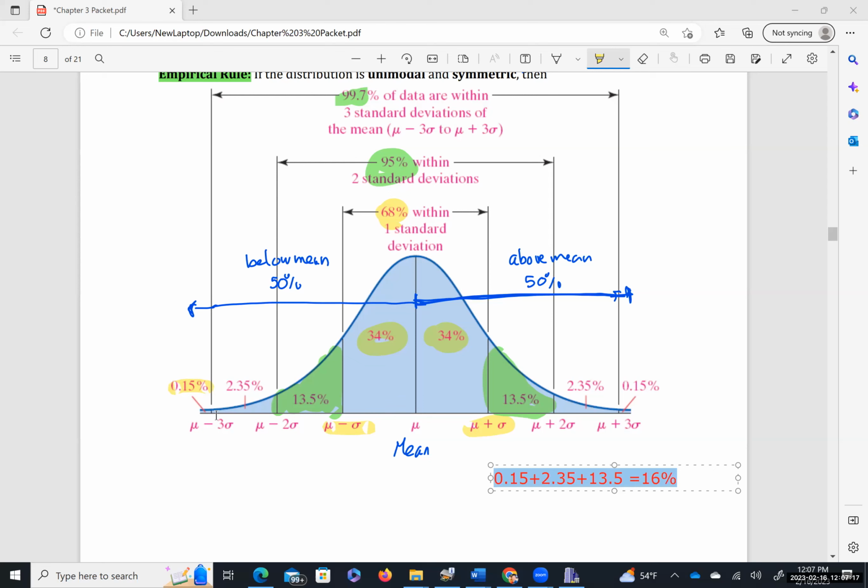That means I want all the area from the far left all the way to the mean minus one standard deviation value to get the 16%, right?